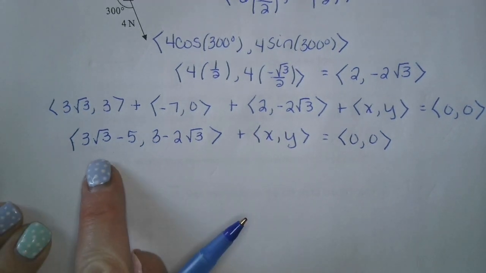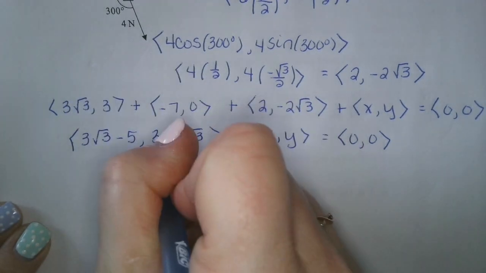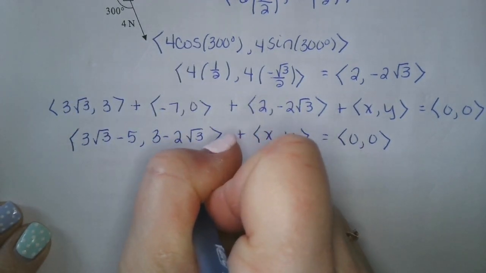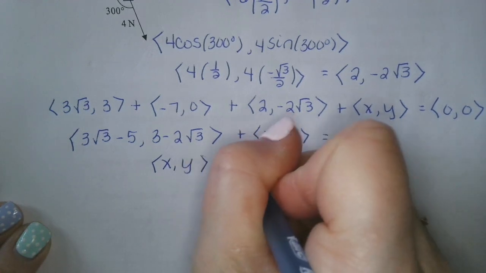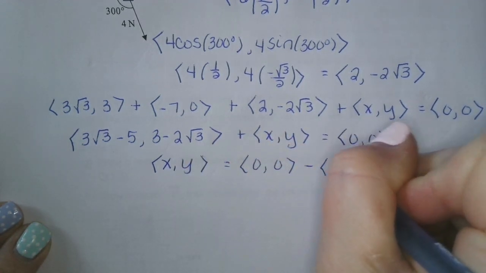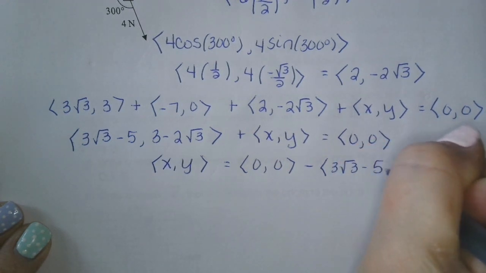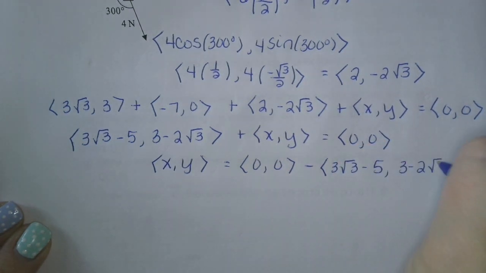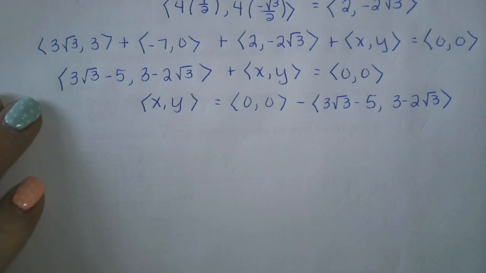I am allowed to subtract vectors, so I will get xy by itself and set this equal to 0, 0 minus vector 3 square root 3 minus 5, 3 minus 2 square root 3. And now I just have two vectors that I can subtract.